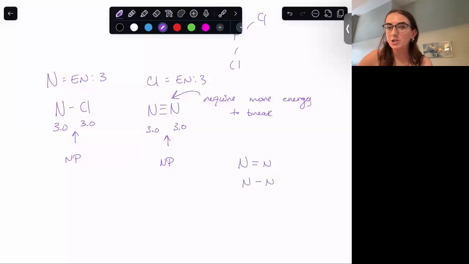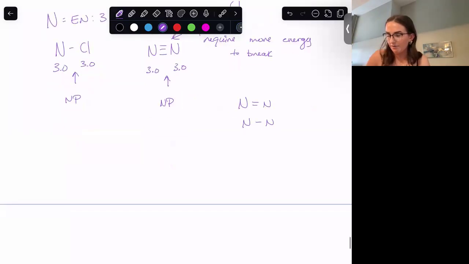The other half of that question was how long the bond was. As your elements get bigger, right, that's going to put more space between the center of those atoms. If you have nitrogen and nitrogen, those are the same. That's your distance between them.